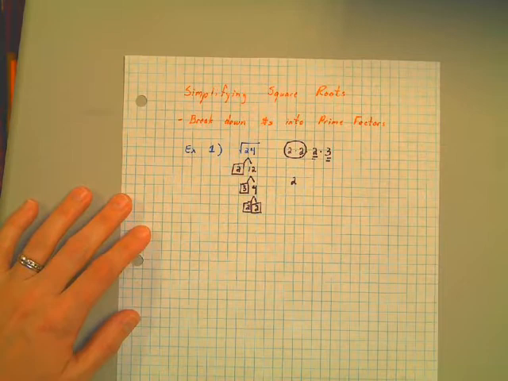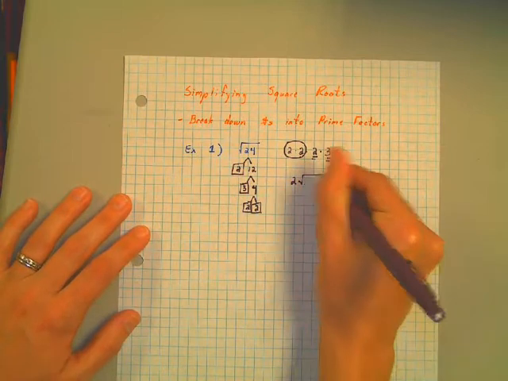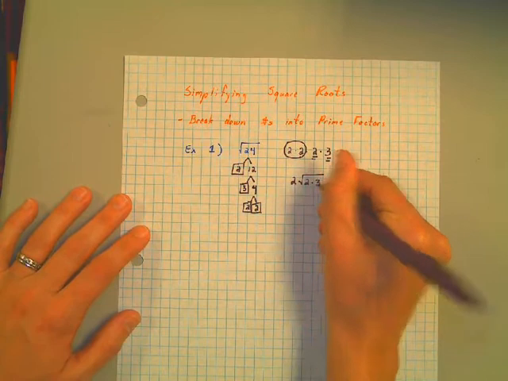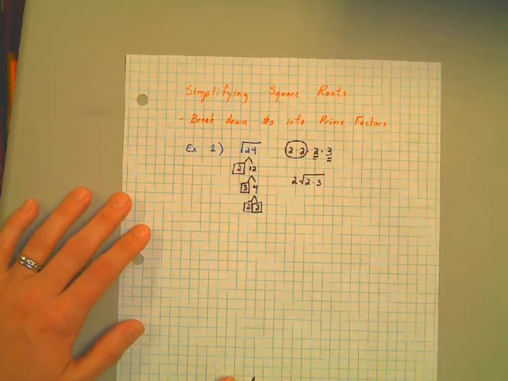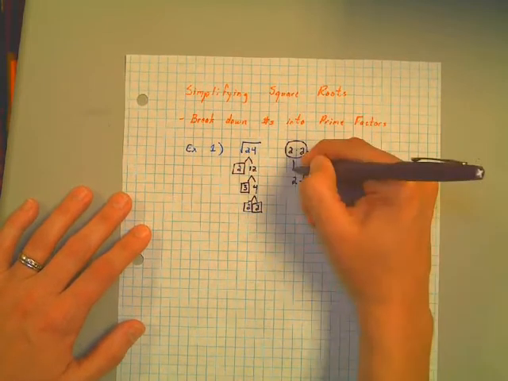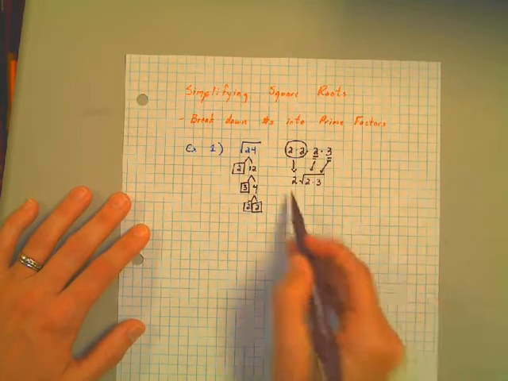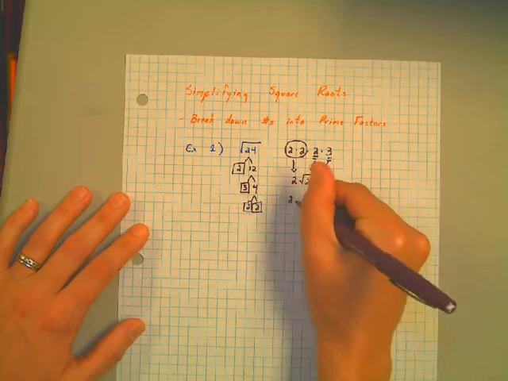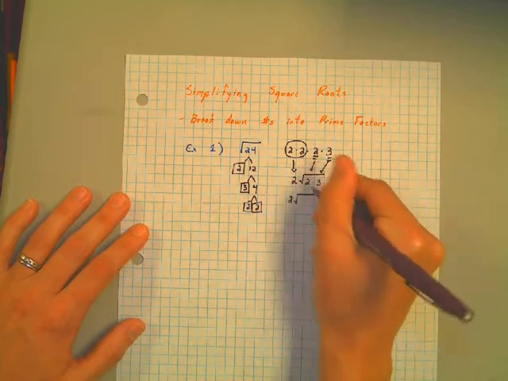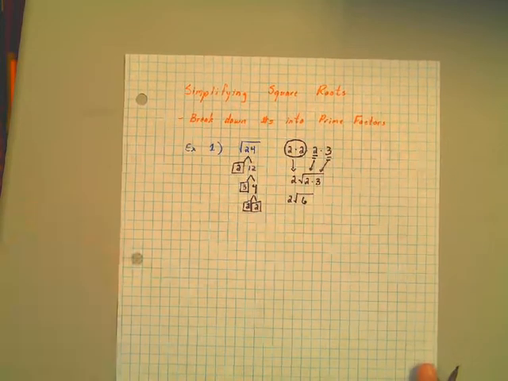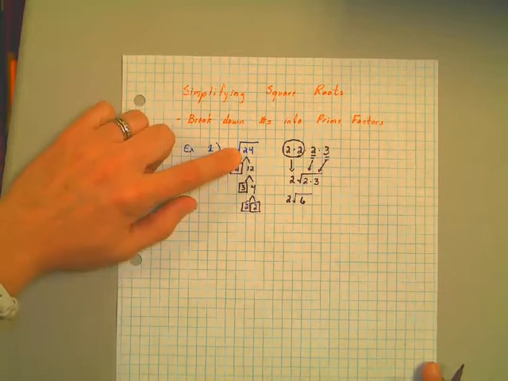And then I have a single 2 and a single 3, so those have to stay inside. So the double goes outside, the singles stay inside, and then you just simplify whatever you have. In this case you have 2, and then 2 times 3 gives me 6. So this, simplified, is 2 square root of 6.